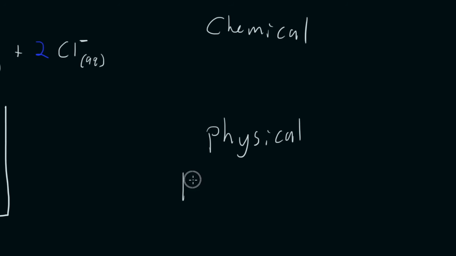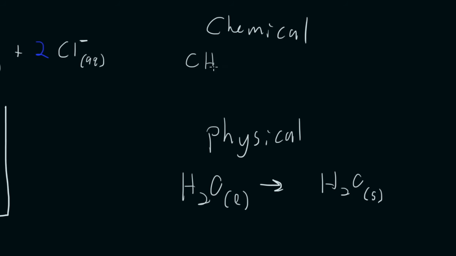So it's like if I take H2O and I have it as a liquid and I put it into a freezer, well, it could freeze and become solid, but its chemical structure stays the same. Or a chemical reaction might be something like the combustion of methane, where I take methane and I mix it with oxygen, and when I change it, I fundamentally change those particles.